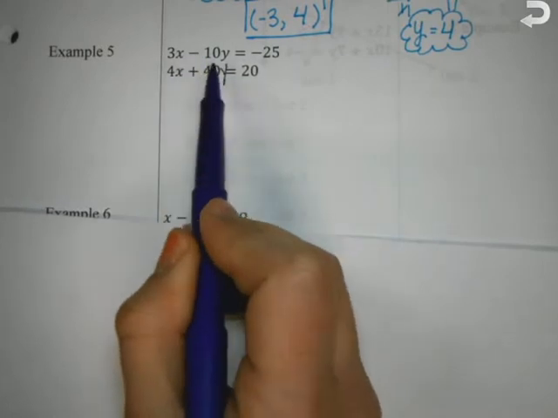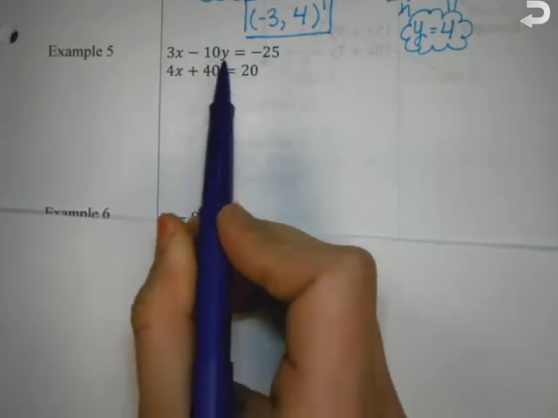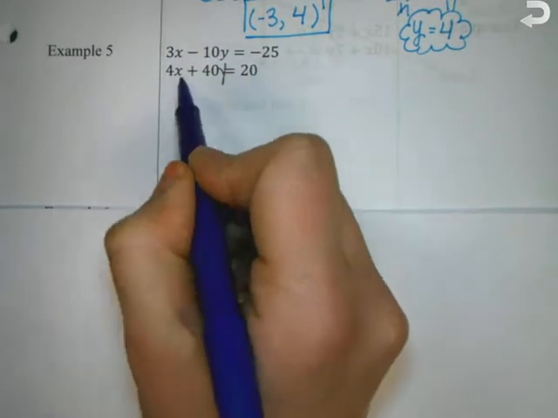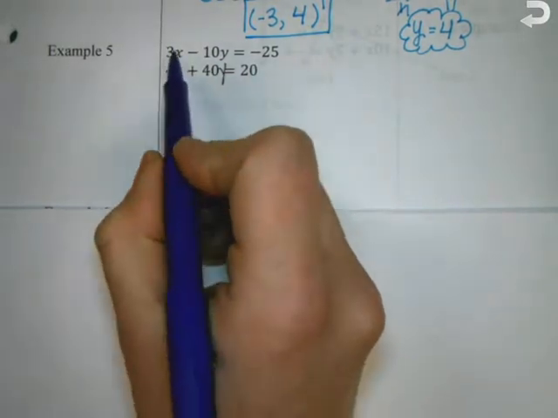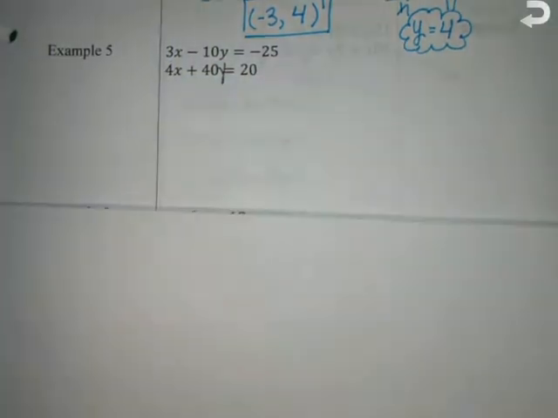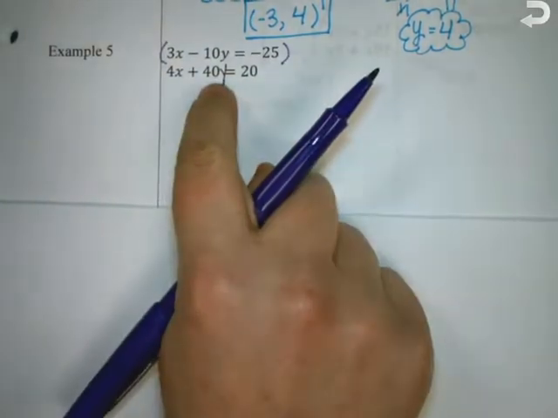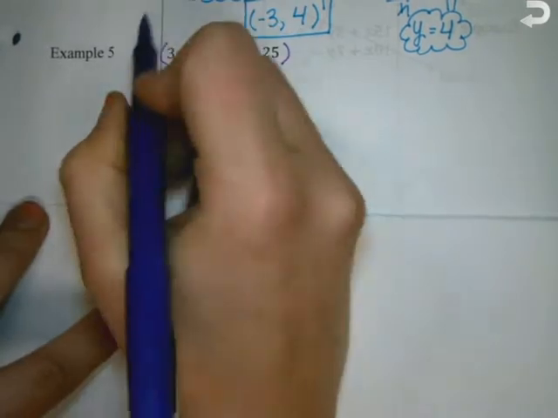I could have picked x's too, and the last 2 examples we will do a little bit differently. So, what do I need to multiply by to give me 40? 4. By +4, right?